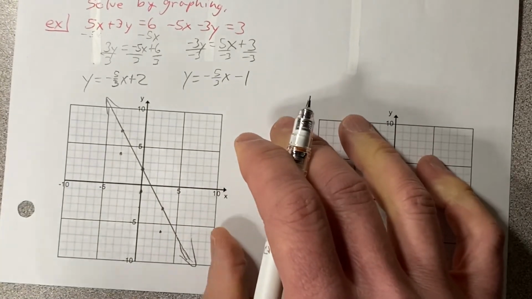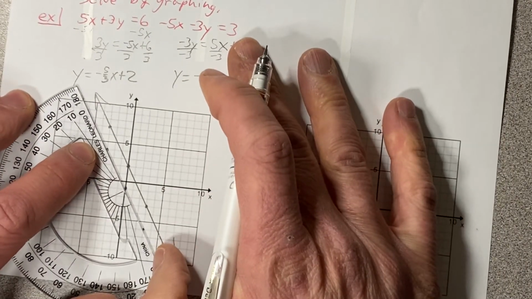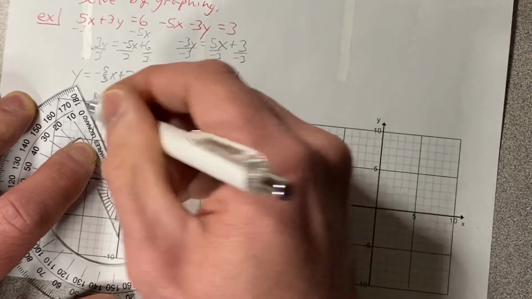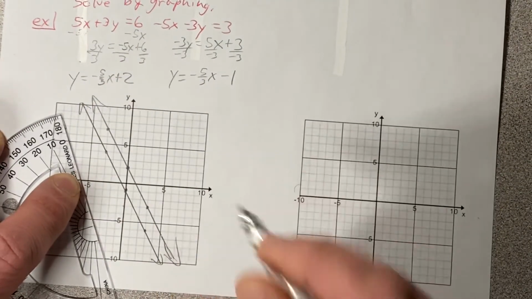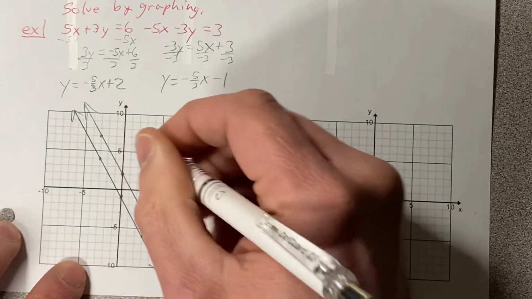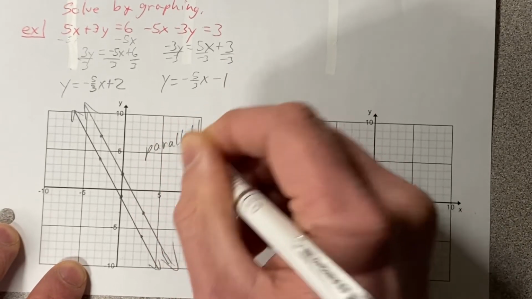But then take a look at what you got here. Are these lines going to intersect? Not with the same slope, they're not. So parallel, yay.